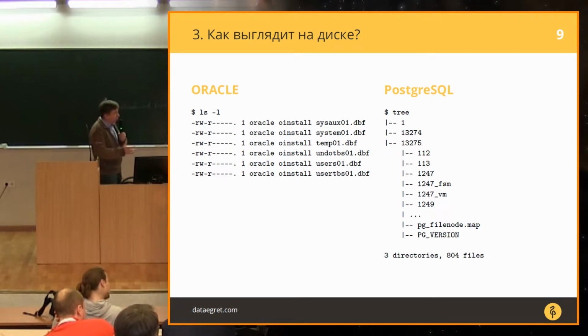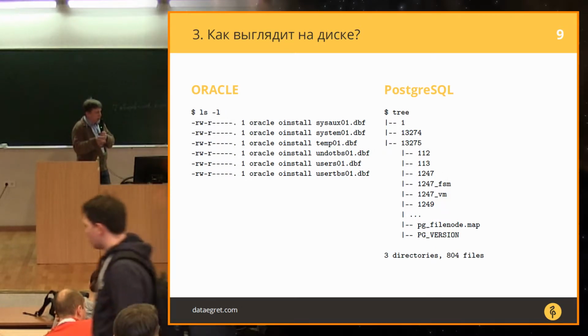This is how it looks on the drive when you create a copy. In Oracle, we see, in this case, 6 data files, and each one is related to its table space. And this is what you see when you create a database. All these segments are inside those data files.